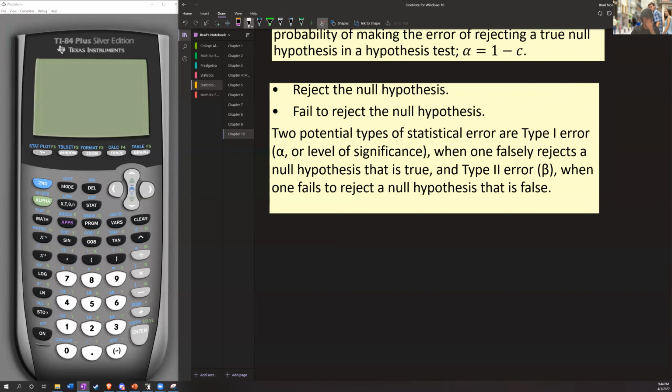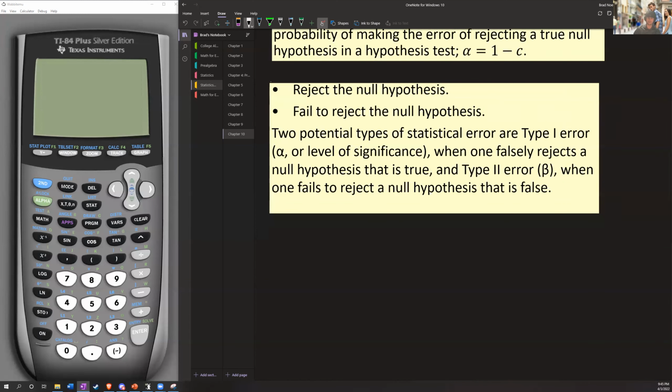Two potential types of statistical error are a type 1 error, also known as alpha, when one falsely rejects a null hypothesis that is true, or beta, a type 2 error, when one fails to reject a null hypothesis that is false. Generally, we view type 1 errors to be worse than type 2 errors.